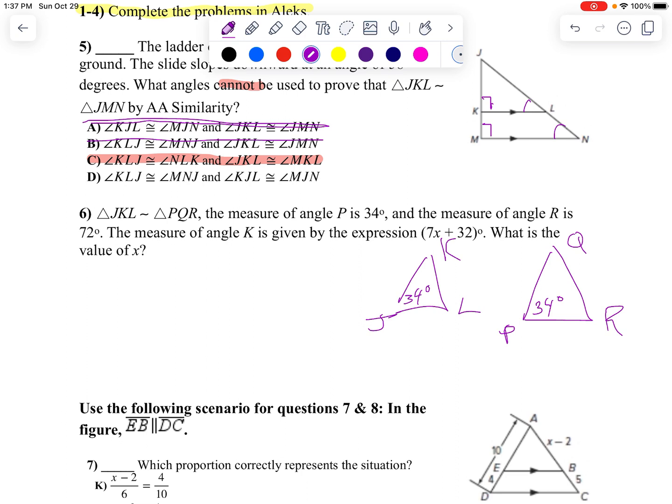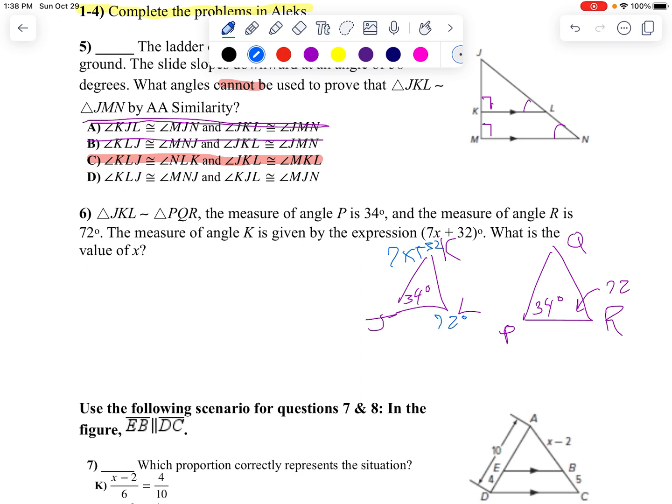And the measure of angle R is 72 degrees. Didn't draw that very big, so I'm going to put 72 in here. And 72 for angle L. And then the measure of angle K is 7x plus 32. What's the value of x?